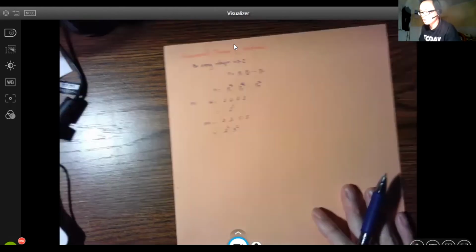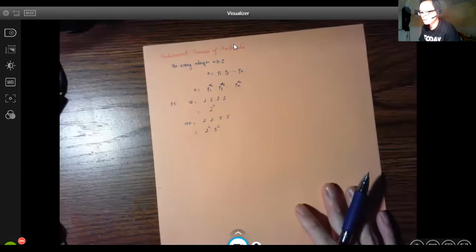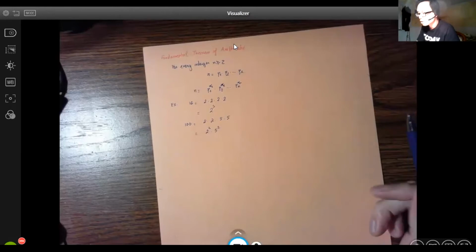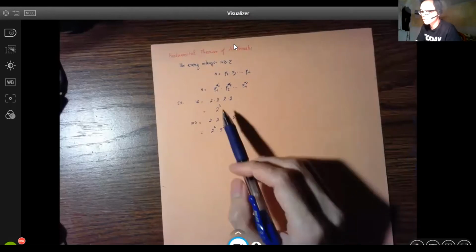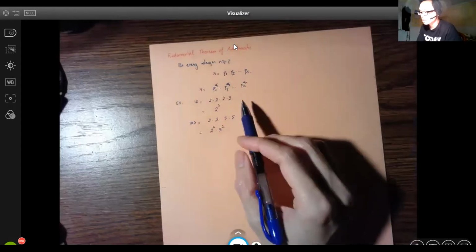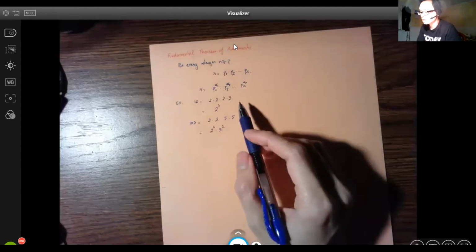I want to use the second induction, the strong one, to prove this. And the problem is, when they ask you to prove the fundamental theorem of arithmetic using second induction, they never ask you like this.